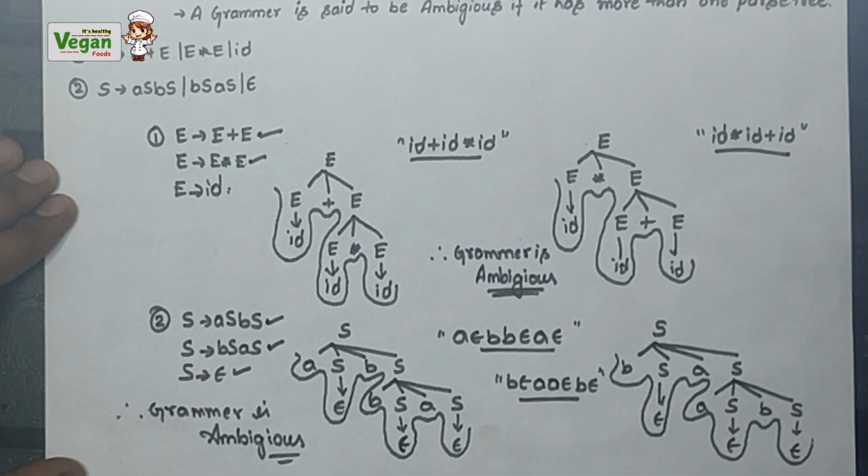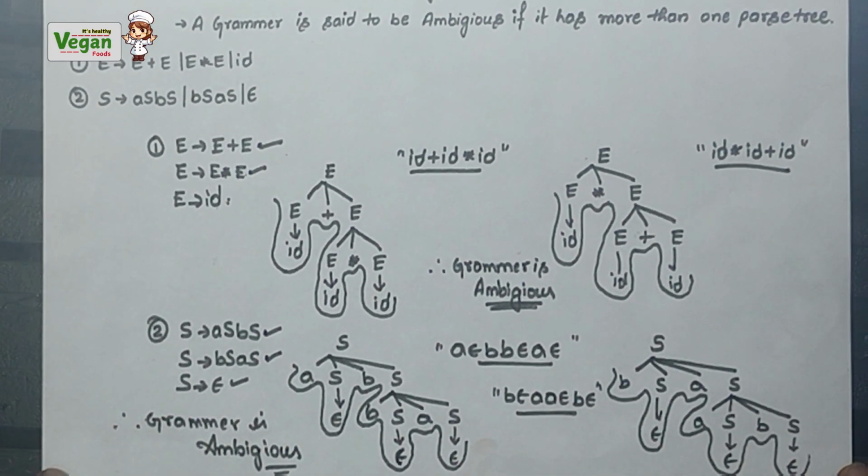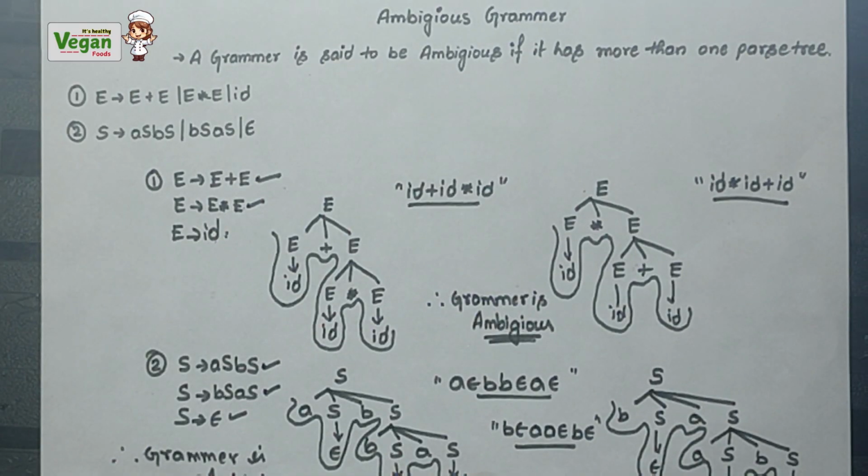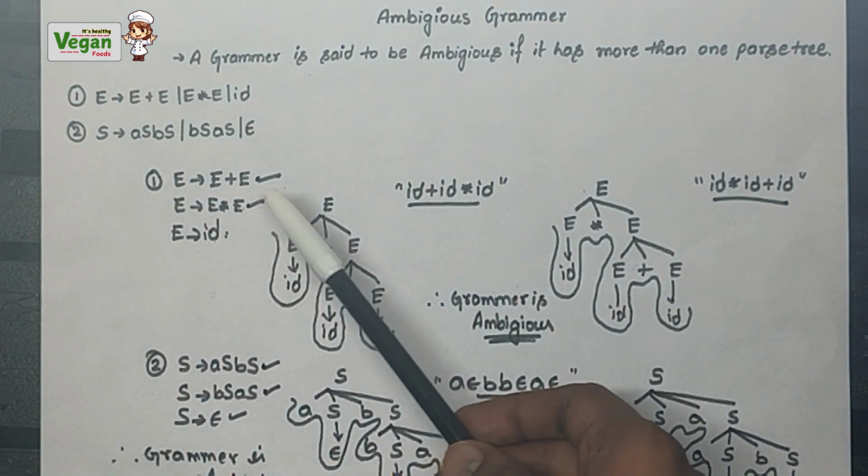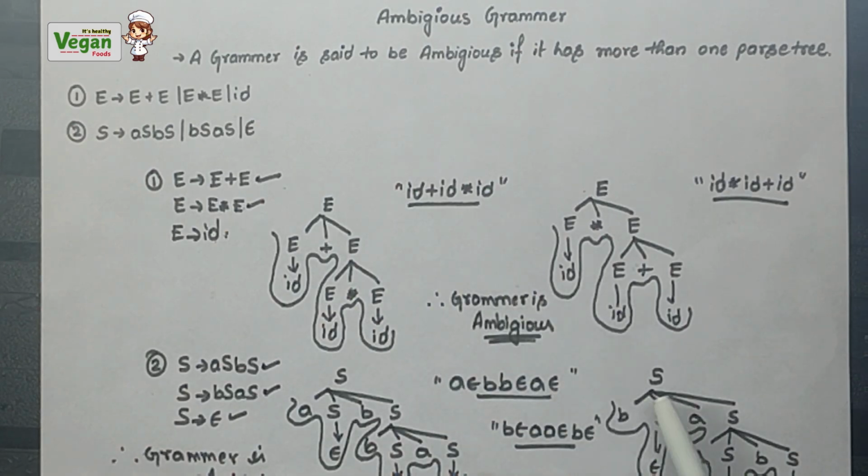So the final ultimate goal is to try to construct more than one parse tree. If you construct two parse trees, you can conclude the given grammar is ambiguous. And while expanding, whichever capital letter you expanded, here I expanded this E, so in the next parse tree also I will expand this E only. We traverse from the left hand side towards the right hand side using the leaf nodes.